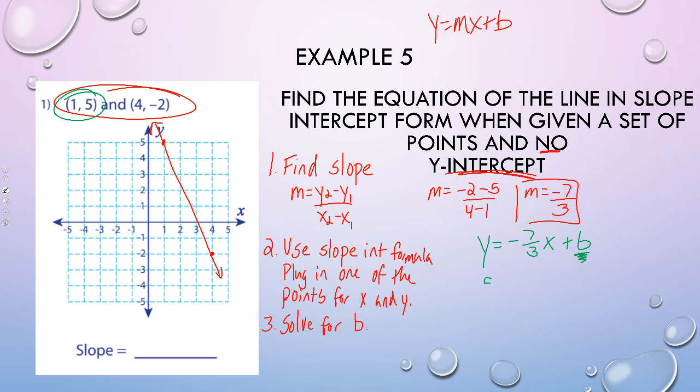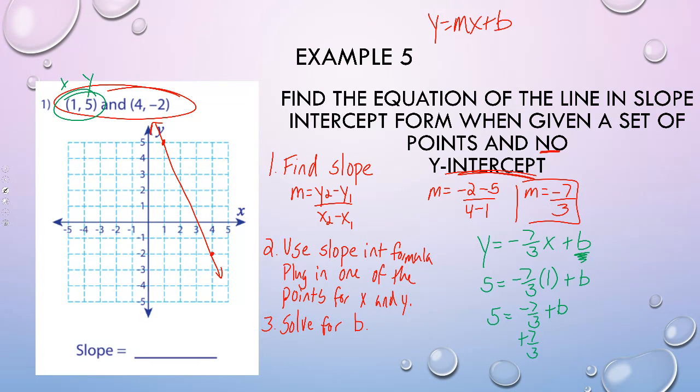So 5 is equal to negative 7/3 times 1 plus b. How did I get this? All I'm doing here, guys, is I'm plugging in my point, x and y, into my equation, and I'm going to solve for b. So 5 is equal to negative 7/3 times 1, which is just negative 7/3, plus b.